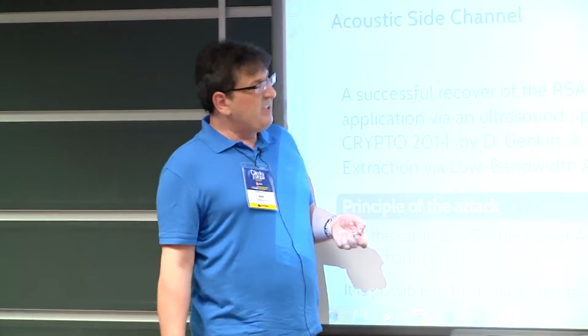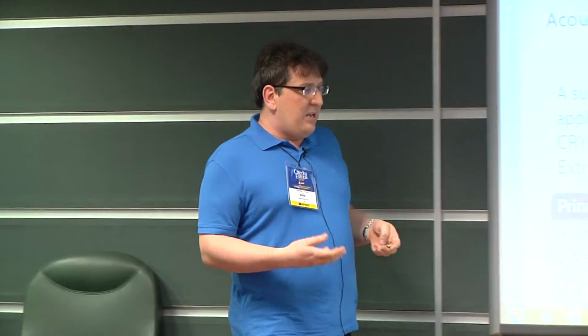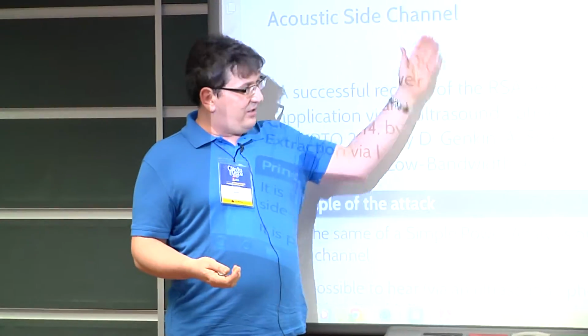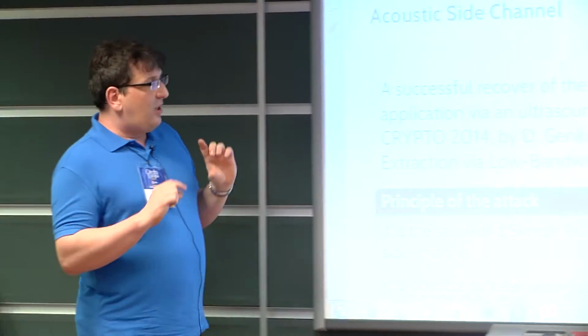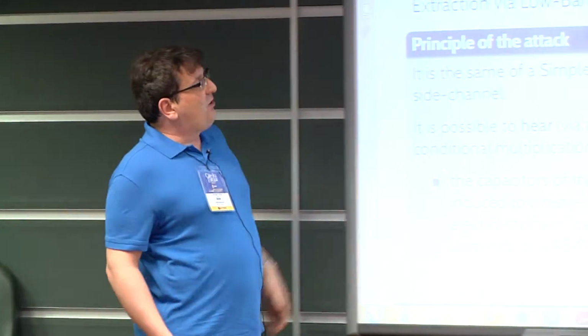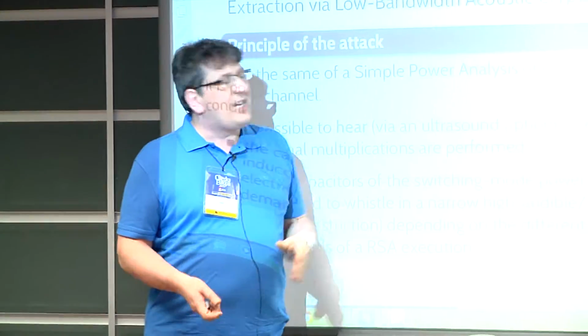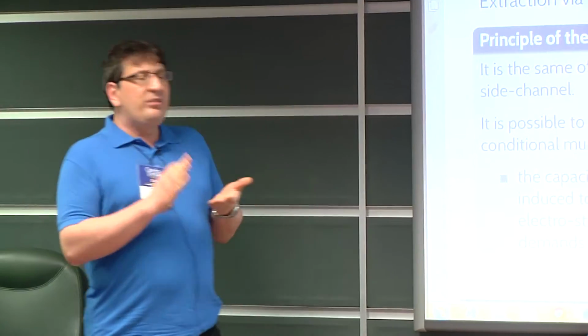So another quite popular side channel is the acoustic one. The acoustic side channel is the same that we have just seen, but over the acoustic medium. In practice, with this kind of attack, it is possible to hear via an ultrasound microphone whether or not the RSA conditional multiplications are performed. How?